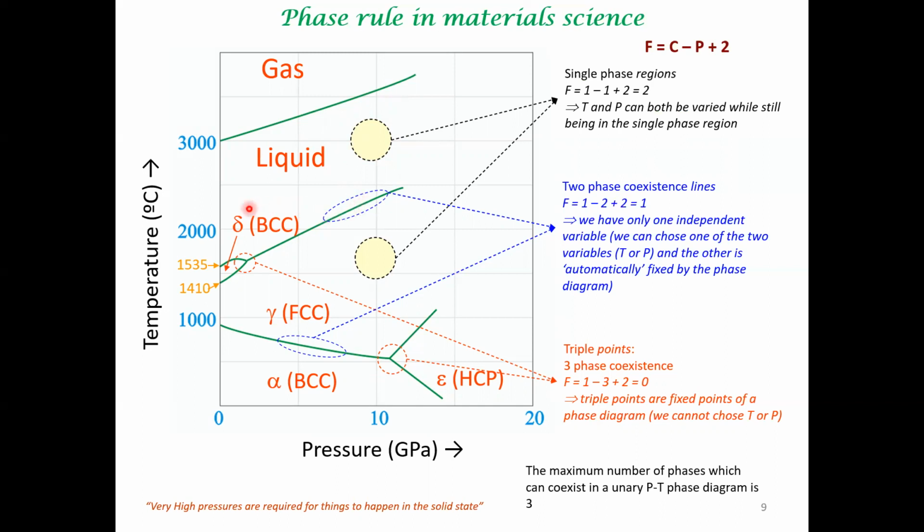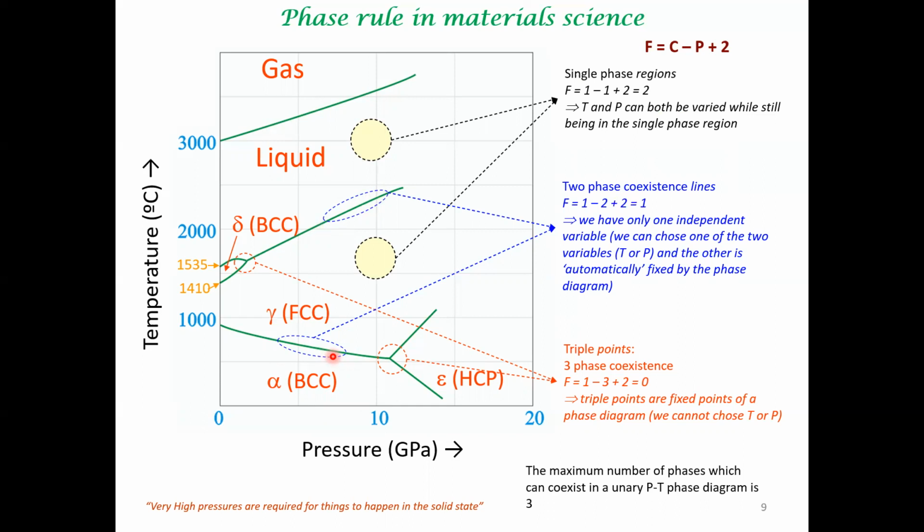But here, once I choose a particular temperature, I don't have freedom on the pressure. Corresponding to this particular temperature, pressure is automatically fixed. That is true for any two-phase coexistence region. This is a two-phase coexistence line, this is a two-phase coexistence line, and this is a two-phase coexistence line.